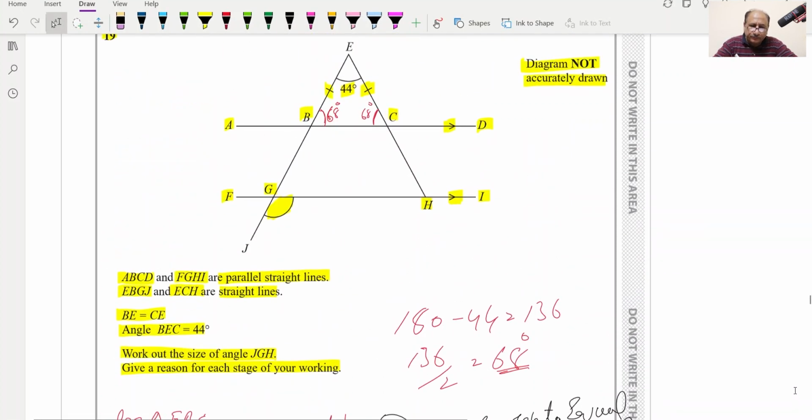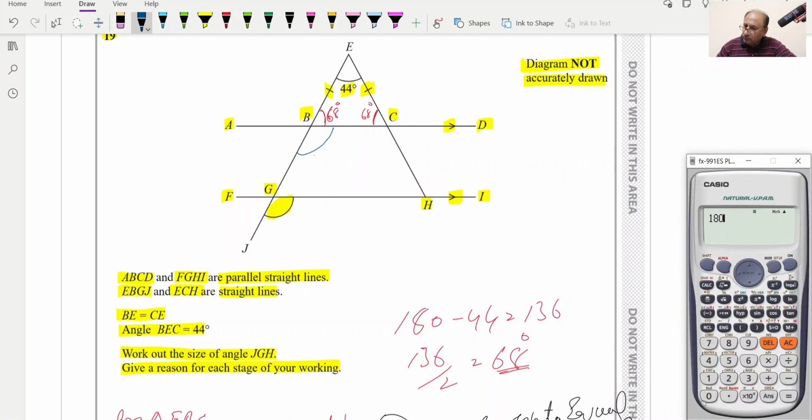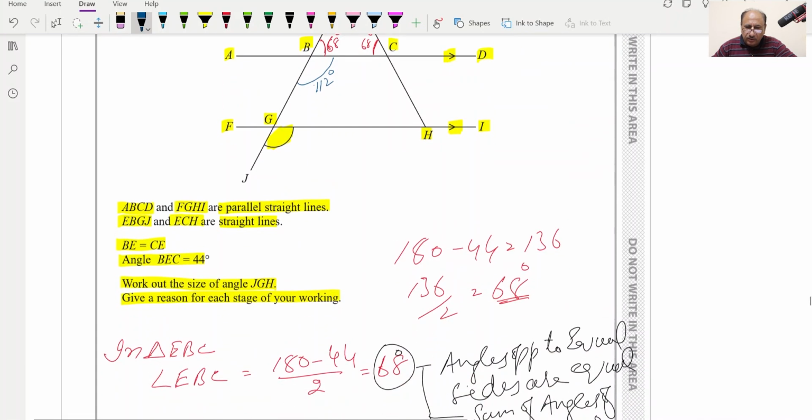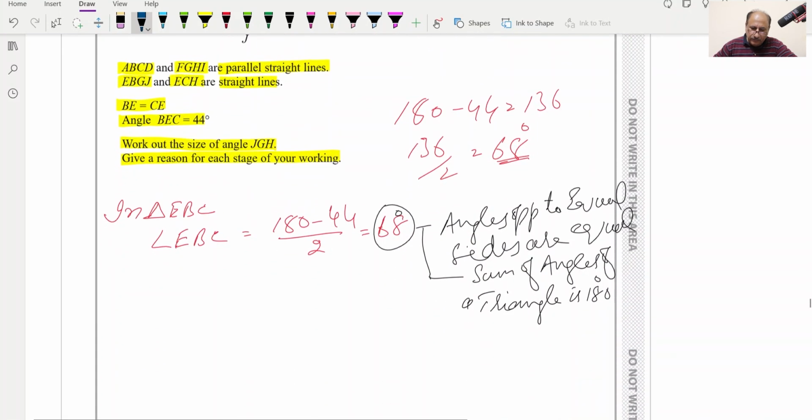So it means this angle CBG will be 180 minus 68, which will be equal to 112. So this angle will be 112 degrees, and we can write angle GBC is equal to 180 minus 68, which is equal to 112 degrees.